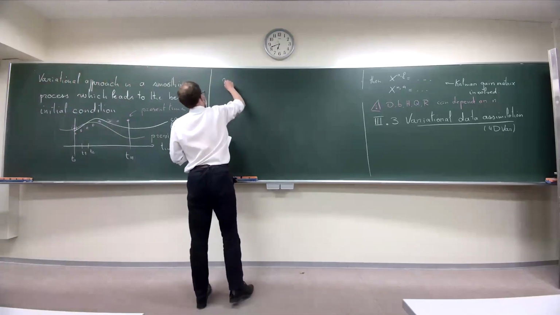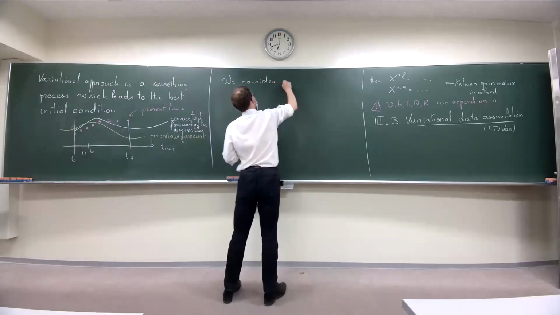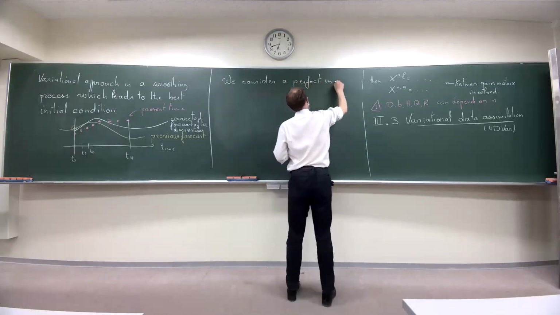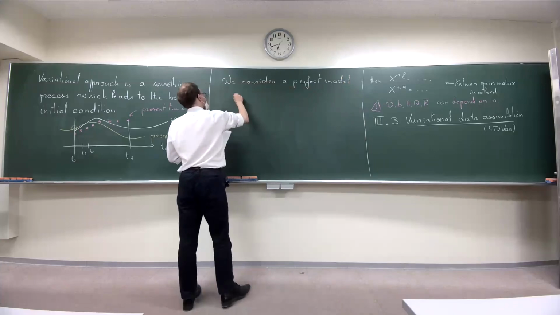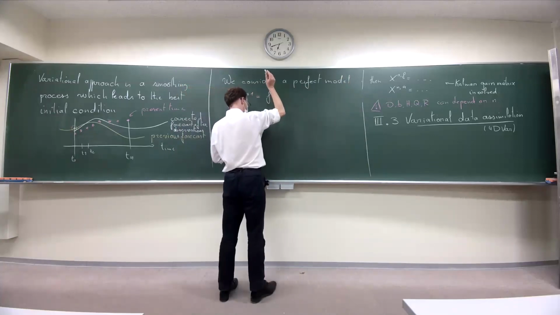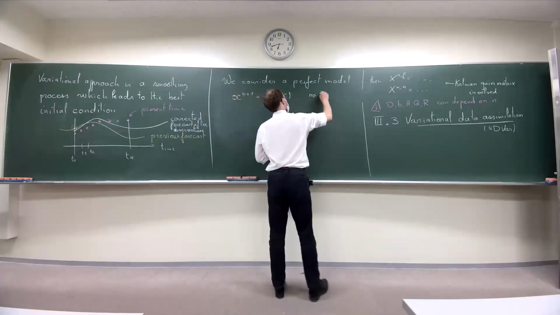So we consider the model. We consider a perfect model in the following sense that the dynamical system is just x of n plus 1 is f of xn. No model error.